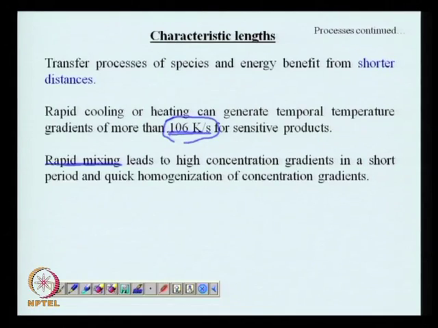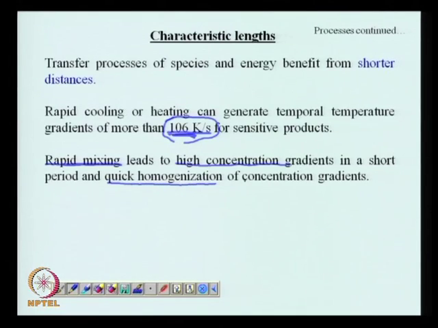Rapid heat transfer gives rise to gradients where the linear relationship of the transport relations needs to be expanded, and we get a situation in which the concentration gradient would be very high, like the temperature gradient here is high. The concentration gradient could also be very high, and this would lead to rapid transport such that this is going to give rise to quick homogenization.